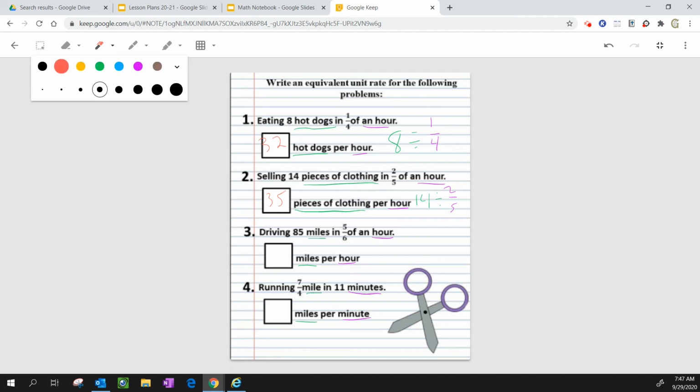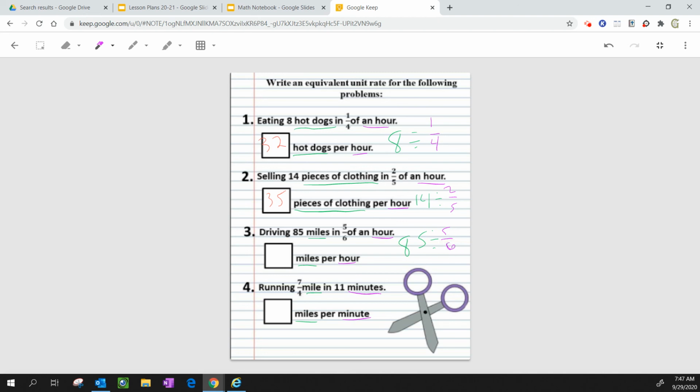In this next problem, we should have had the miles number first, so 85, and then divided by my hour number, which was 5/6.